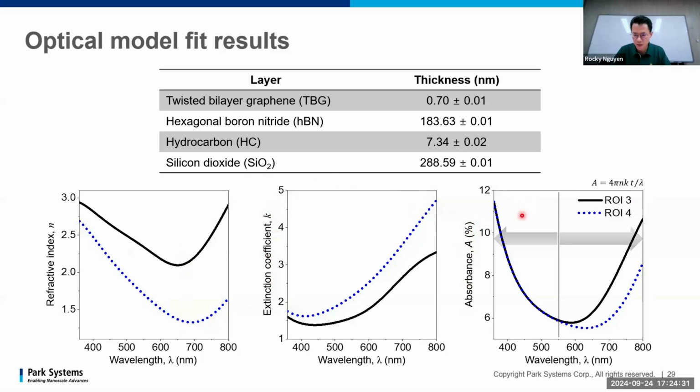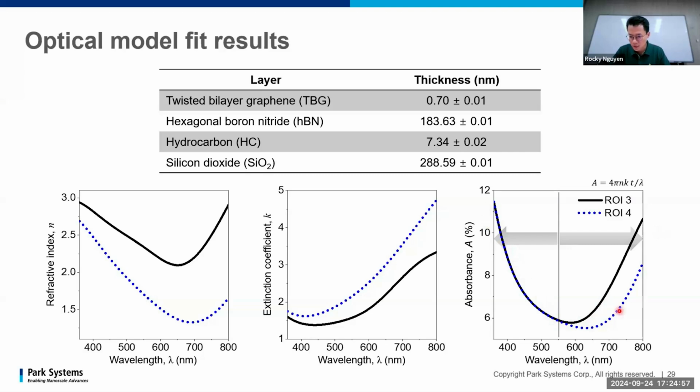Combined in absorbance, we have this kind of shape in which below 550 nanometer wavelength, the absorbances agree with each other, but above 550 nanometer, there is a significant difference with and without the bubble below the surface.